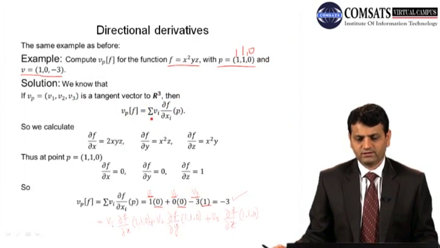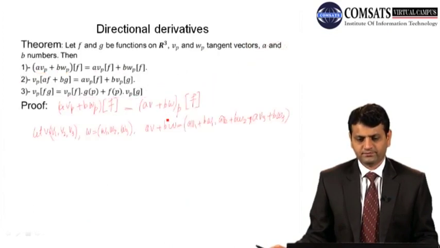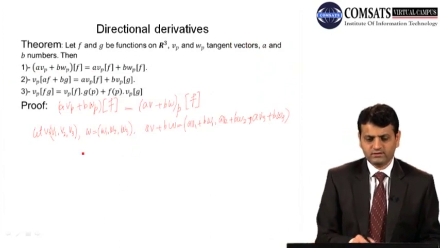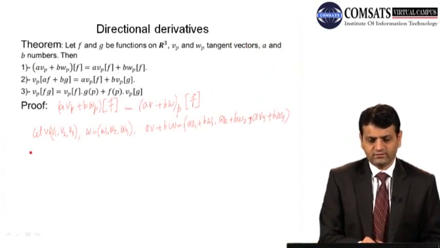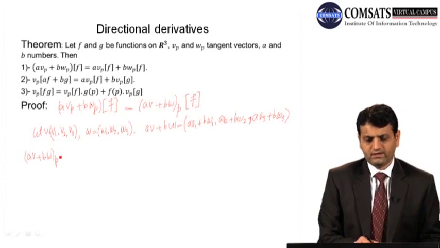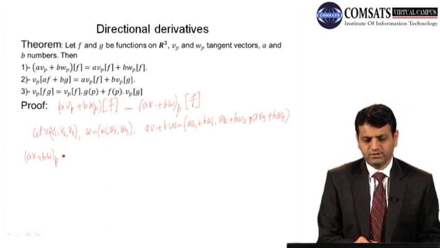By definition, by using the lemma which we just proved, the directional derivative of f in the direction of V at P is just the components V1, V2, V3 multiplied by partial f by partial xi at point P. So by using that, what is the directional derivative of f in the direction of AV plus BW?